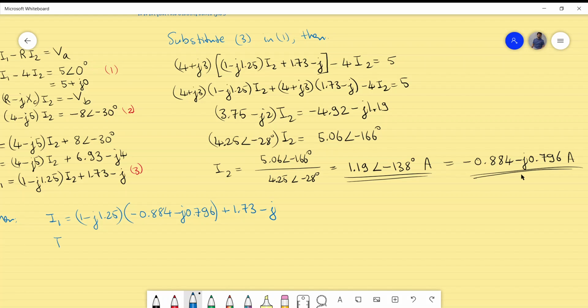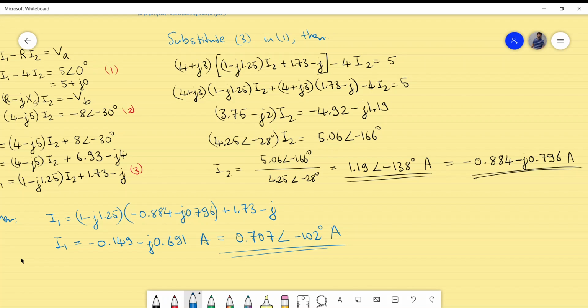Now if you rewrite and simplify this, combining the real parts and the imaginary parts, you will have the following: minus 0.149 minus j 0.691 amperes. And if you convert this to the polar representation, you will have 0.707 phase minus 102, and it is also in amperes.